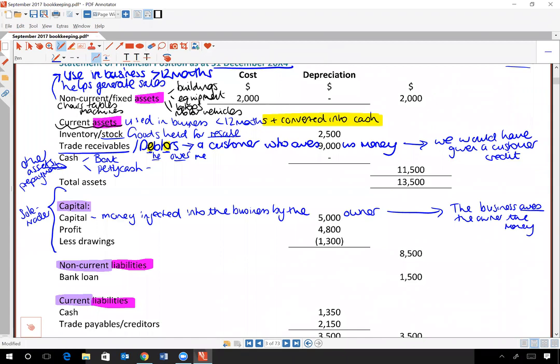So if the business owes the money, what do we call that? Is it an asset or a liability? Perfect. Couple more? Lovely. Excellent. Yes, it's a liability.